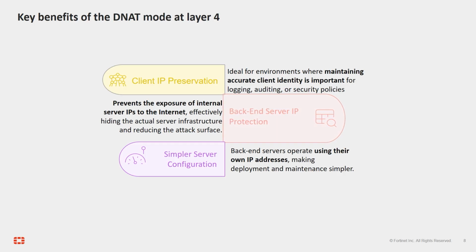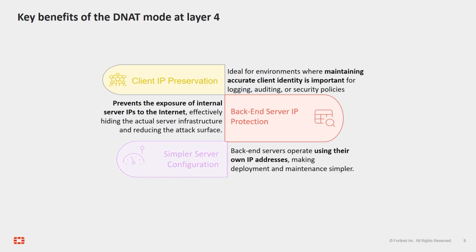Second, clients interact only with the VIP configured on FortiADC, not the real IP addresses of the backend servers. This setup prevents the exposure of internal server IPs to the internet, effectively hiding the actual server infrastructure and reducing the attack surface. Third, DNAT mode doesn't require servers to be configured with the VIP. They operate with their own IPs, simplifying deployment and maintenance.